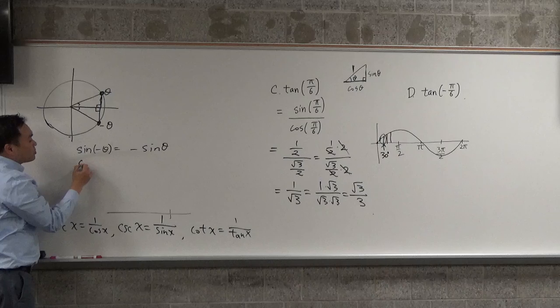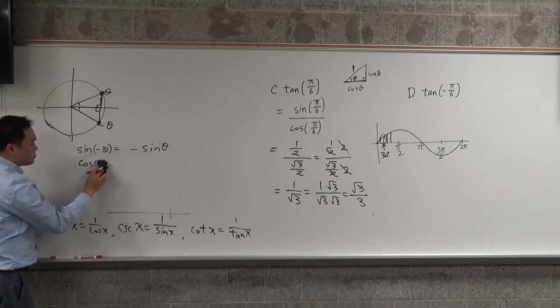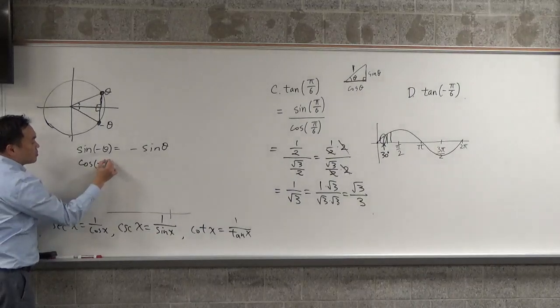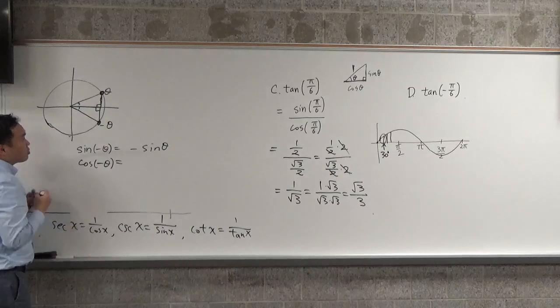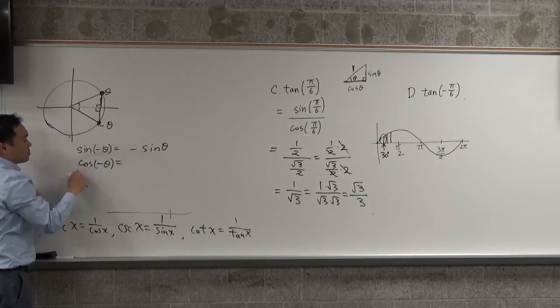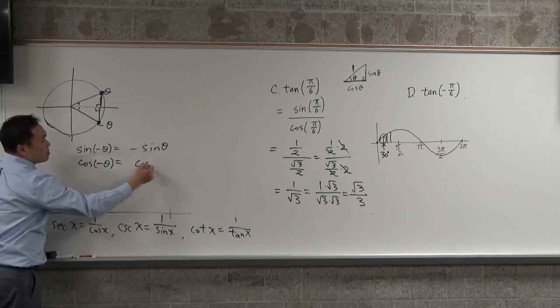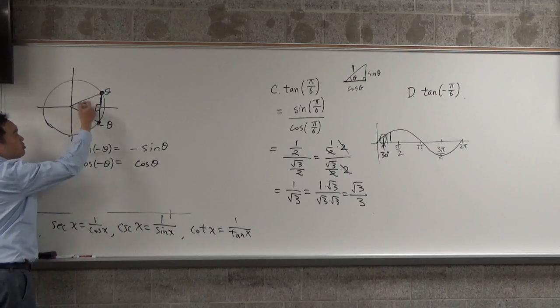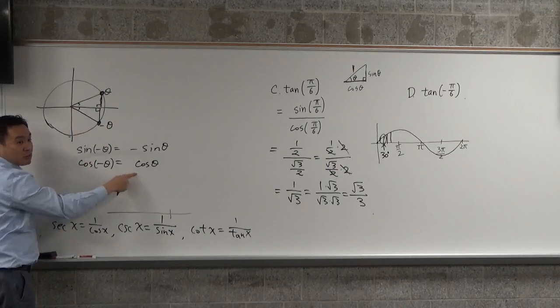Now, what about the cosine? Cosine negative theta should be using this reference triangle, and it's the x-coordinate of this reference triangle, so it's really this length that's cosine negative theta. But what about the cosine positive theta? Cosine positive theta uses this reference triangle, and it's this base length. Oh, so it's the same. They're exactly the same.